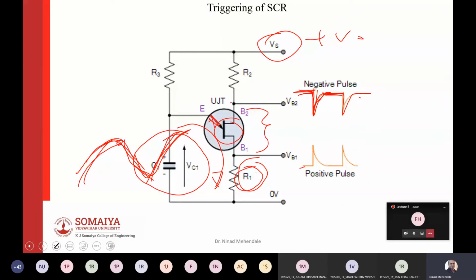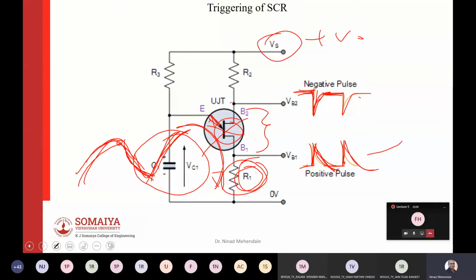Similarly, as soon as the device gets turned on, suddenly all the voltage drop will appear across R1. Then it will go on decreasing because of the decay in the capacitor charge, because the capacitor starts discharging and the voltage starts going away. As soon as it gets turned off, again it will build a high voltage, and again it will start discharging.